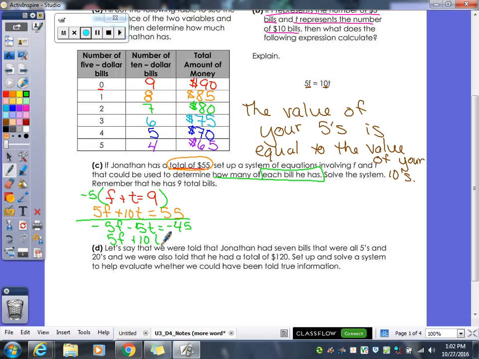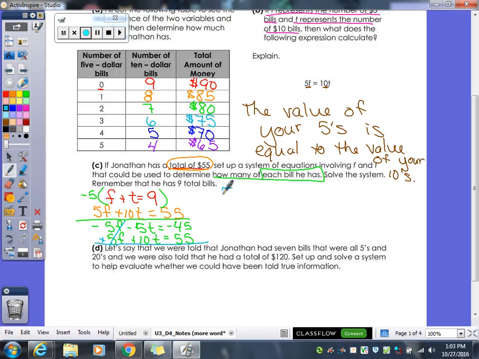So then I'm just going to rewrite my second equation underneath it, lining up my F's, lining up my T's, lining up my numbers. So then when I add them together, what happens to my F's? They cancel out. They're eliminated, hence we call it the elimination method.